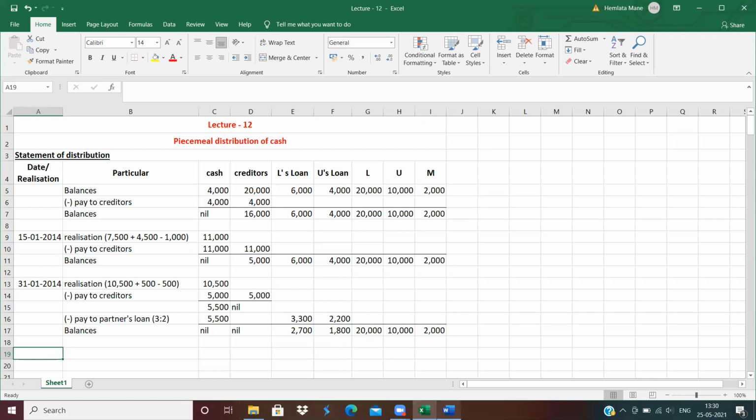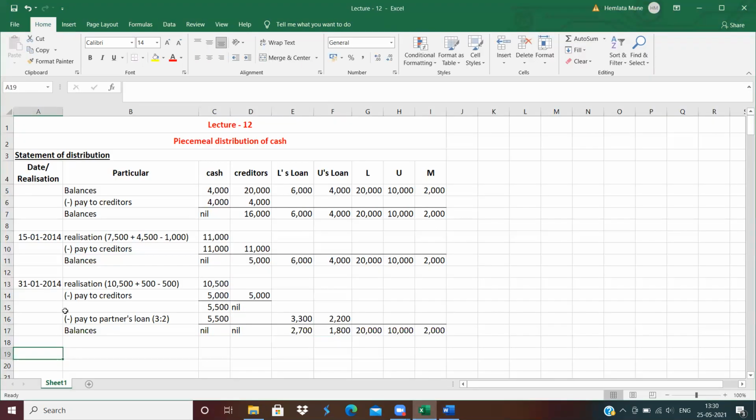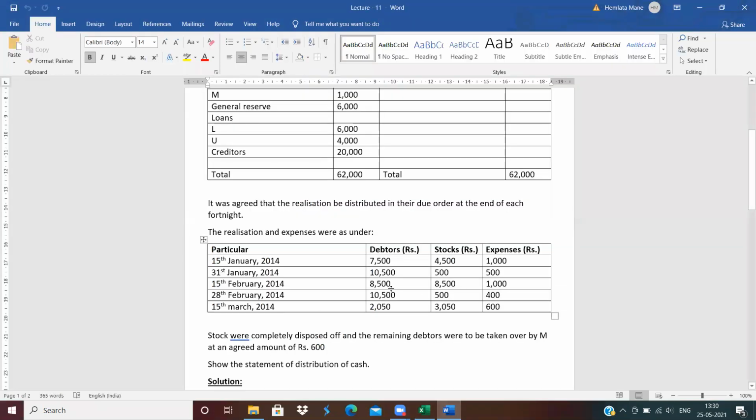See the date of the next realization, 15th February 2014. So write down the date, 15th February 2014. Realization. How to calculate the realization? See how much is the amount of debtors? 8,500. Stock is 8,500.